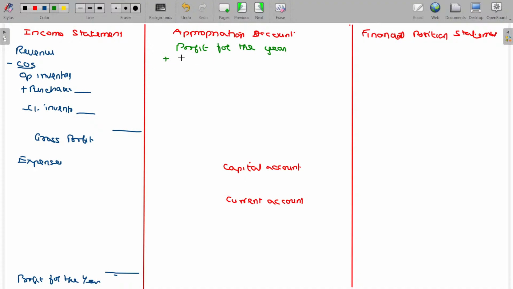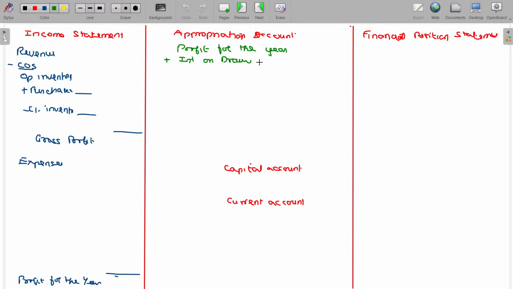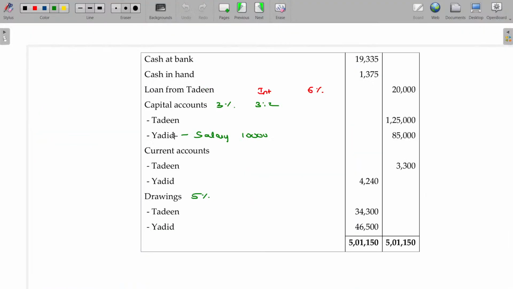Then add interest on drawings for T and Y, minus interest on capital for T and Y, and then salary payable to Y only.